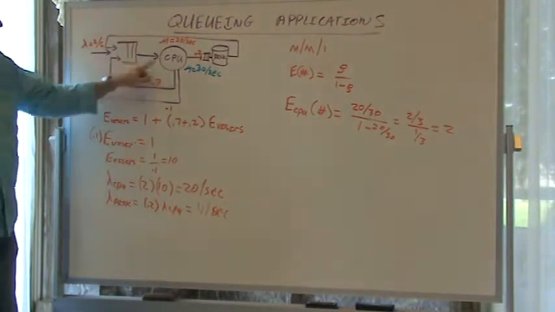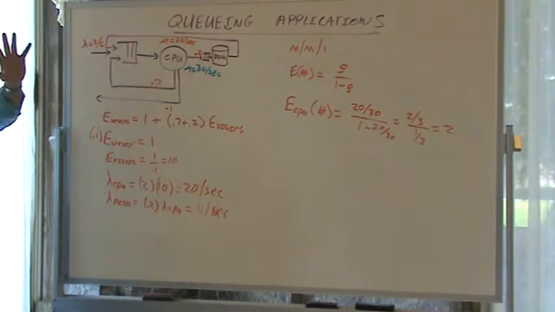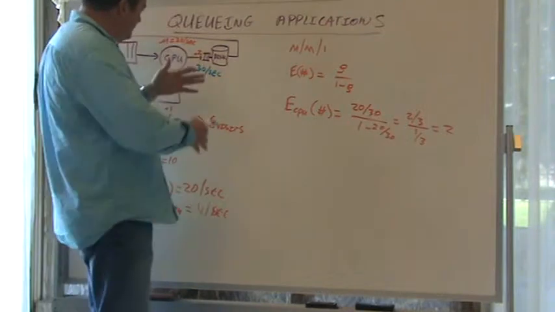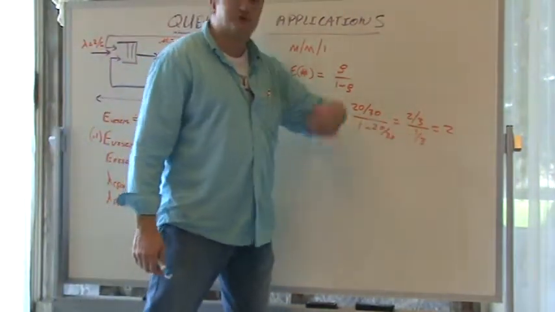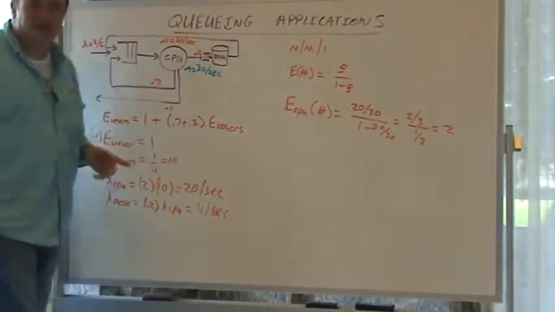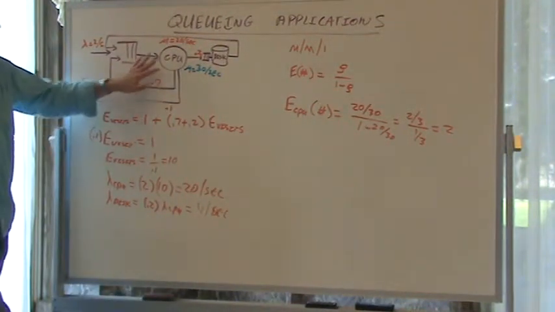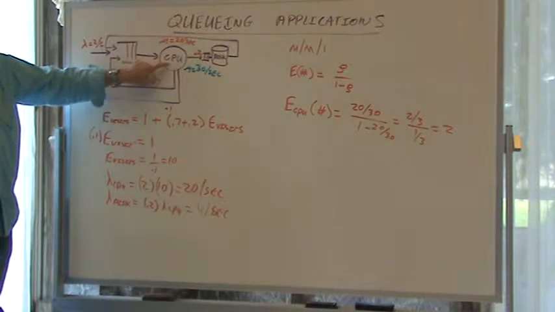So when we arrive at the CPU, which we expect to hit 10 times, with the numbers I'm now putting in here, we expect to see 2 customers in front of us on average. 1/3 of the time, this thing is idle, right?